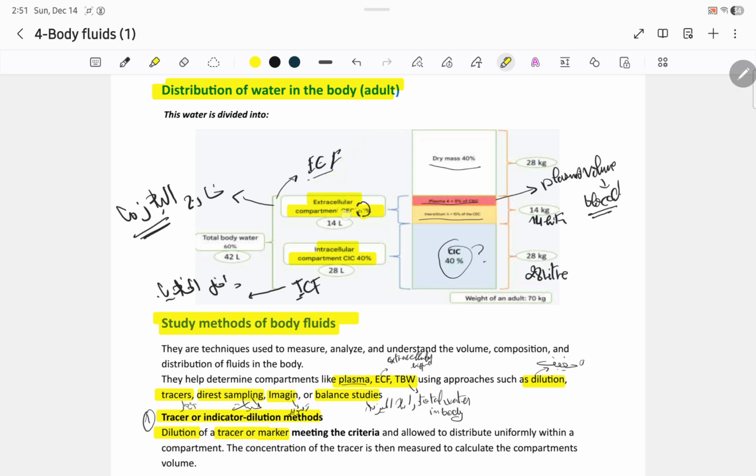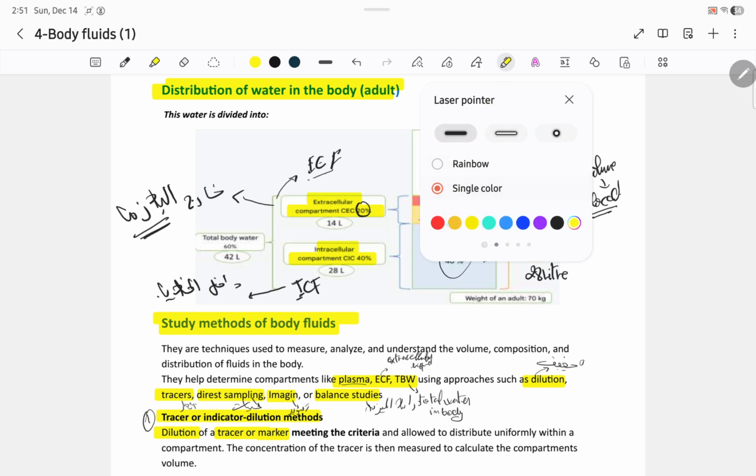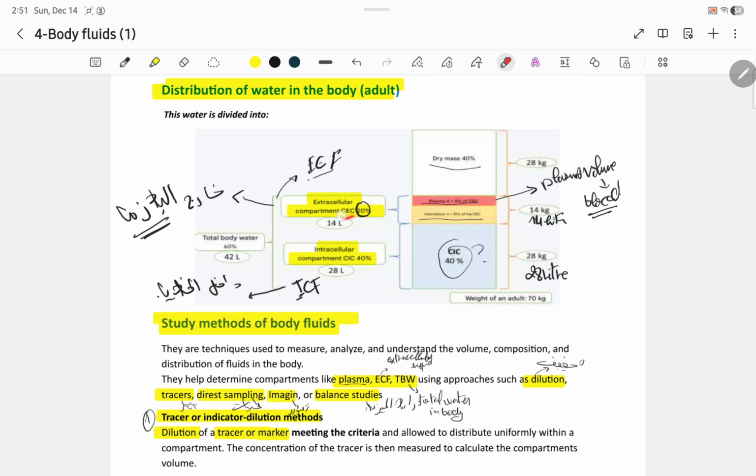Here they are writing this in French, CEC, the compartment extracellulaire en français. So the extracellular compartment or the extracellular fluid, because after that you're going to just see the extracellular fluid, and you're going to see what this F means. It means fluid, it's just simple.